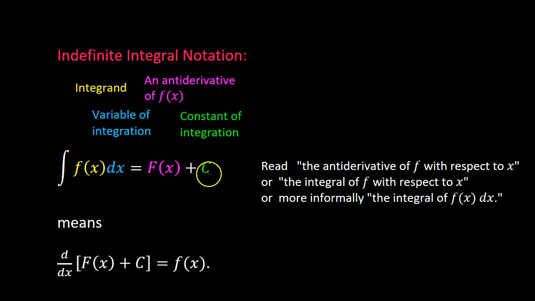So let's get comfortable with how we will read this. There are three ways that this can be read. You can read this the antiderivative of f with respect to x, or sometimes you'll hear the integral of f with respect to x, but more informally you might hear the integral of f of x dx. All of these mean find the antiderivative.